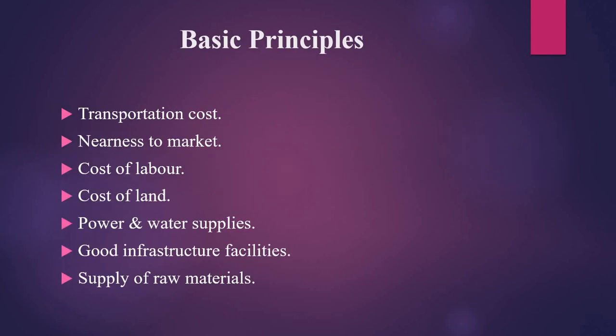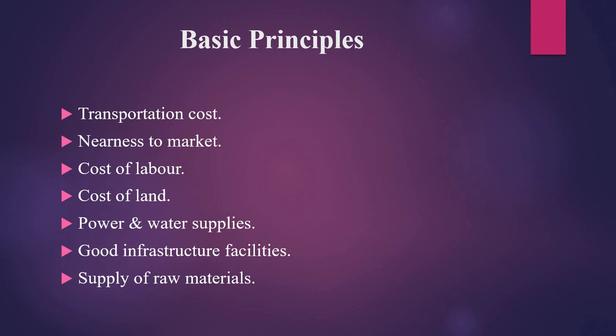Next, basic principles of locating the firm. There are certain basic principles which we follow before selecting any place for a business. First one is transportation cost. That matters a lot, because if the transportation cost increases, the price of a product will also increase.